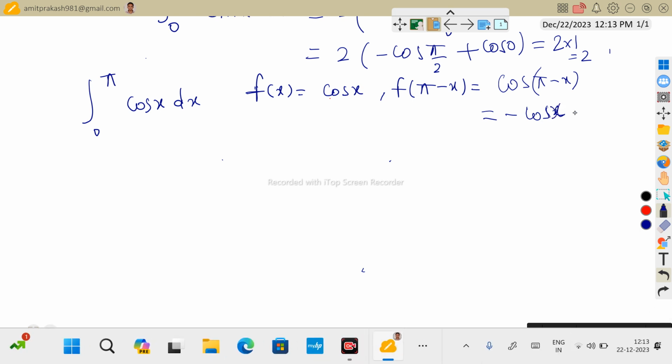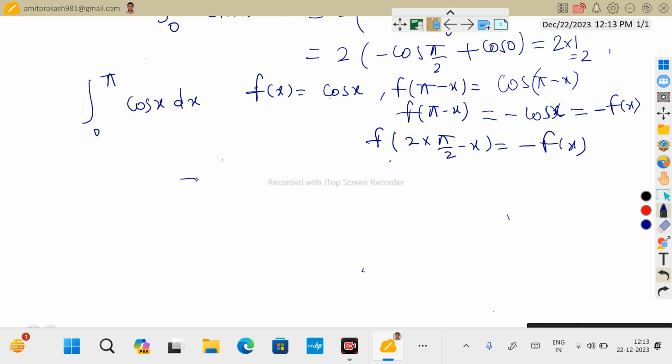So f(pi minus x) equals minus f(x). So this integration 0 to pi cos x dx becomes 0 by the second formula.